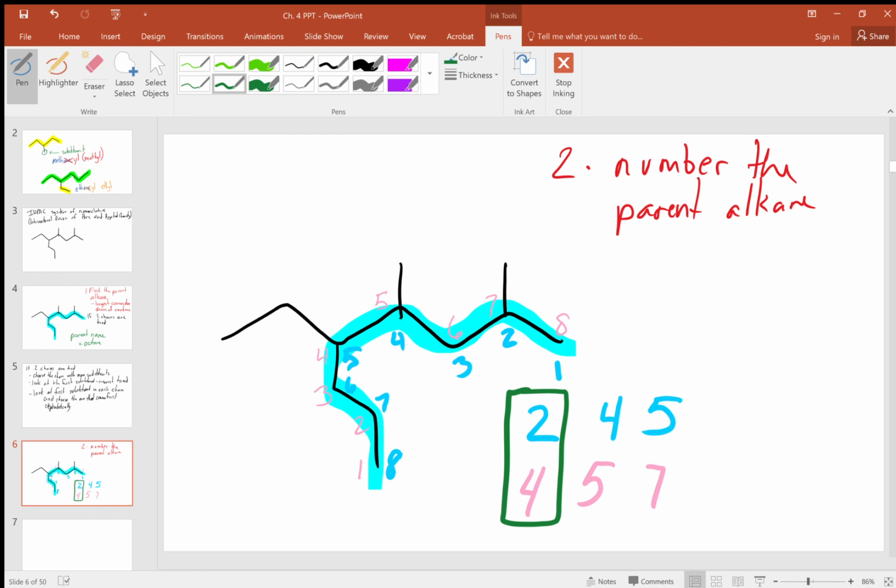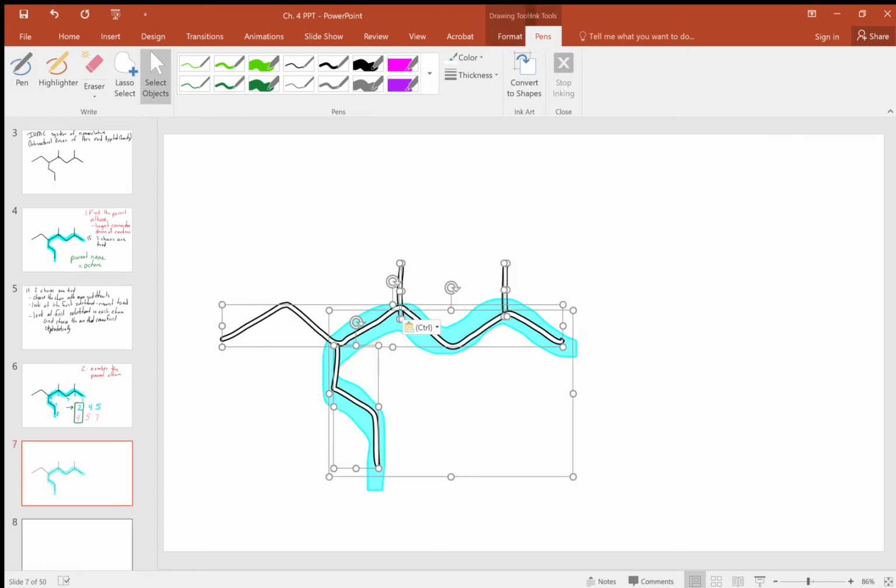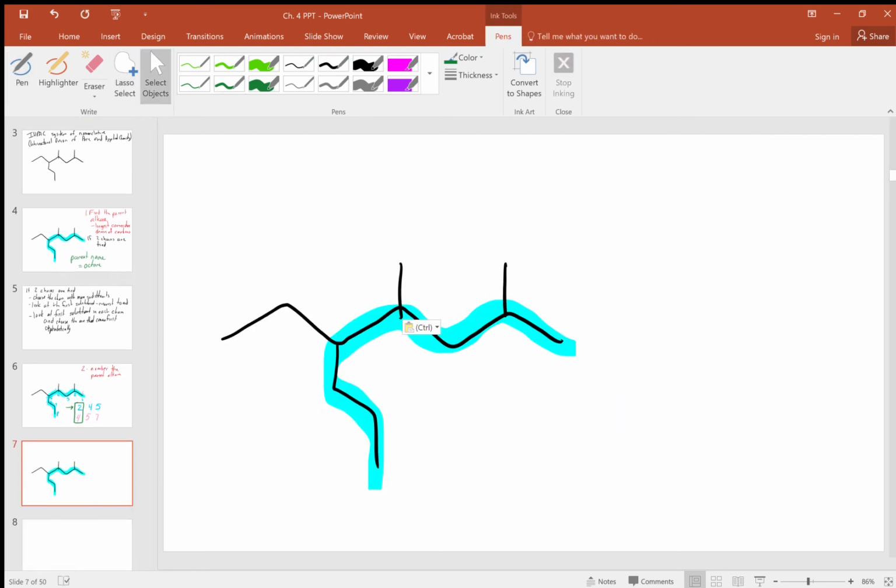So given that the blue numbers have a substituent closer to the end, that's the direction that we go in. If those had been the same, we would have gone to the second number or to the third number as far as we needed to go till we got a point of difference. So let's put those numbers in again.